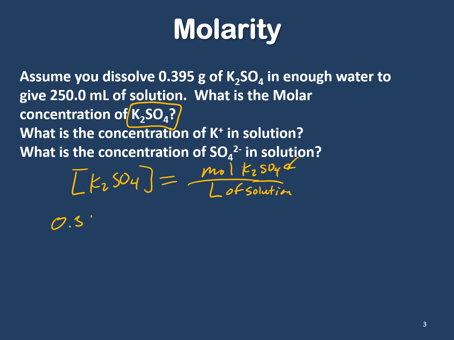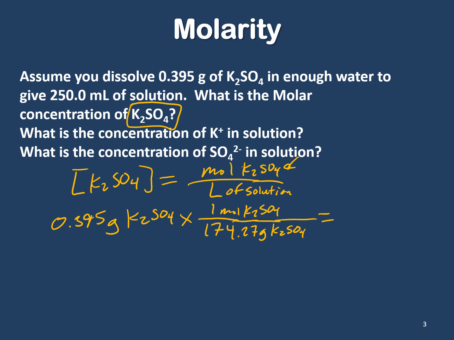So let's do that first. I know 3.95 grams of K2SO4 have been dissolved because I was given that value. I know that the molar mass of K2SO4, because I calculated it, is 174.27 grams of K2SO4 per mole of K2SO4.